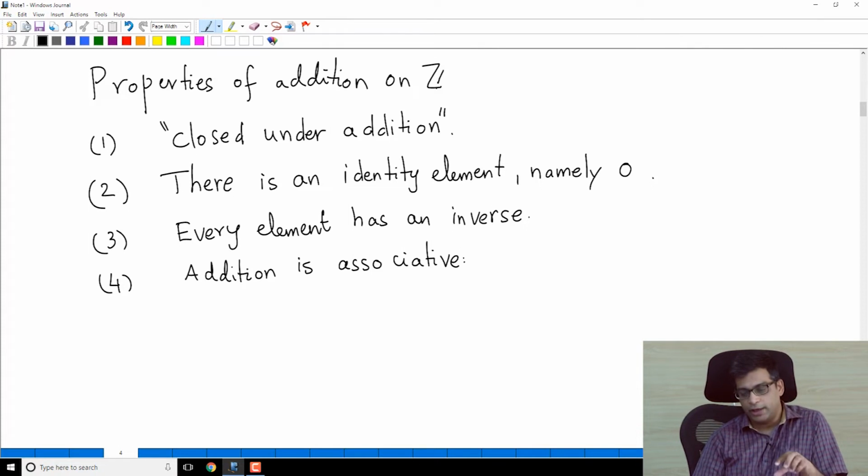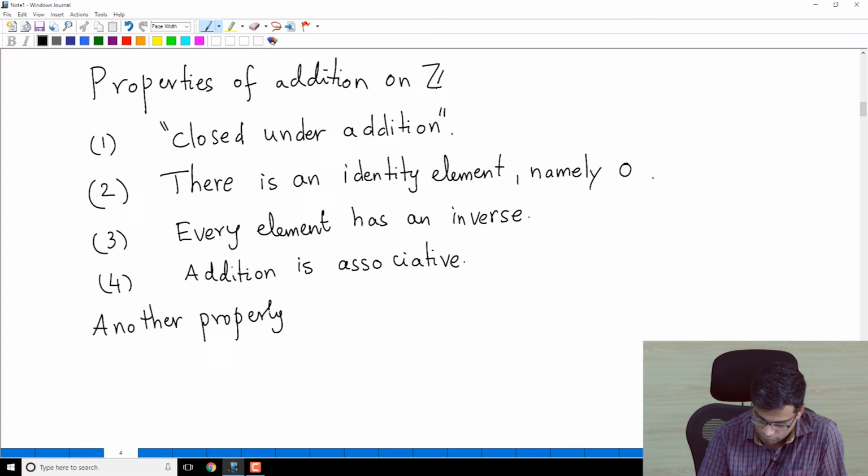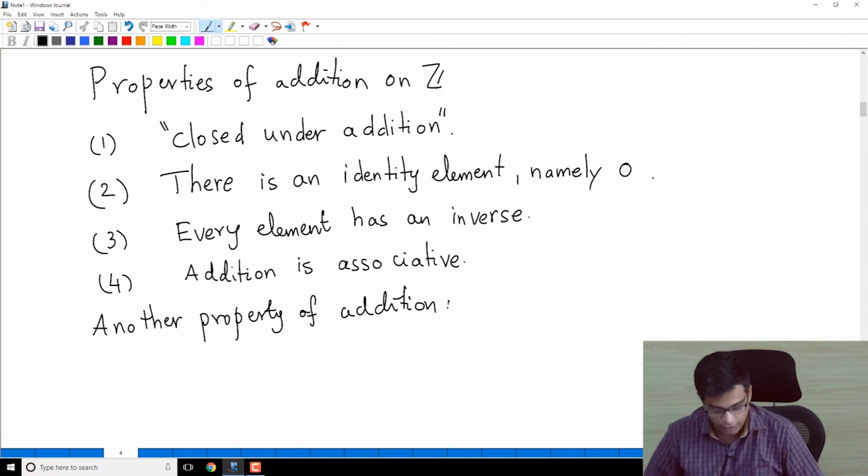If you think about it a little bit, there is another property of addition that I did not highlight now, but which we will come to later. So, I will record it here and we will come back to it later.